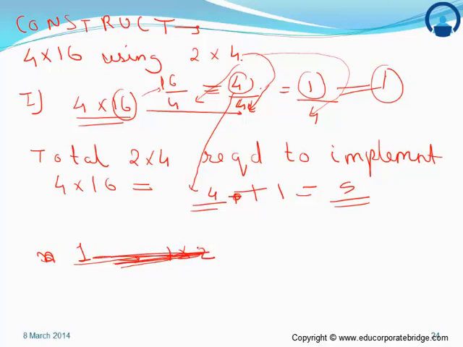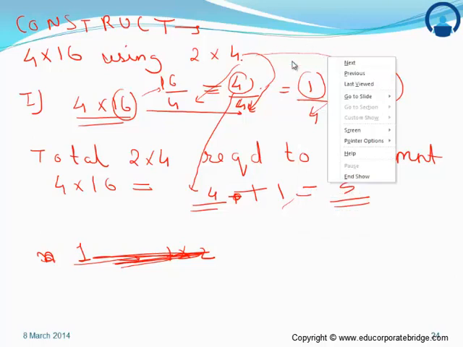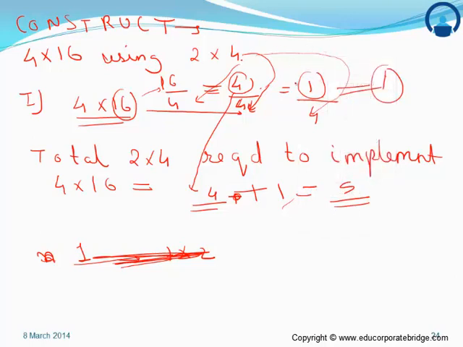Now why do we consider this one? The reason is that since 4 by 4 gives directly 1, if we had got some number other than 1, for example 2 or 3, then we would have considered the same number of decoders to get the lower order decoder, like how we have done in the case of 3 cross 8 using 2 cross 4, where we got 2 cross 4 decoders and 1 cross 2 decoder.